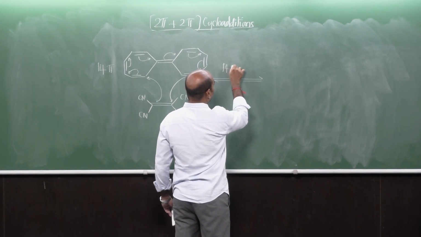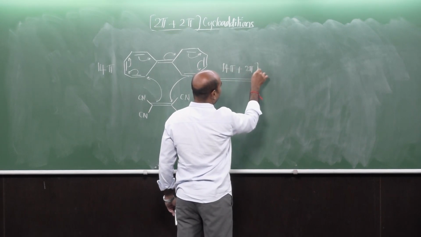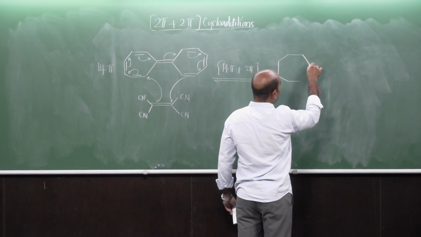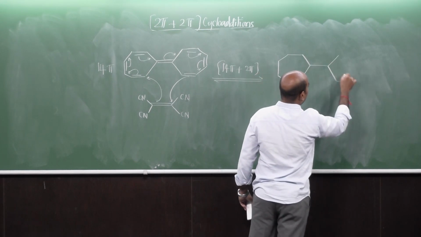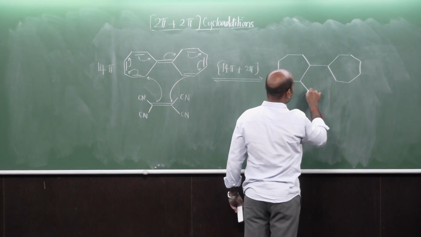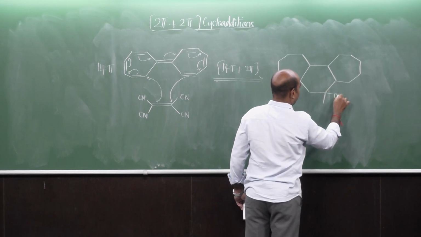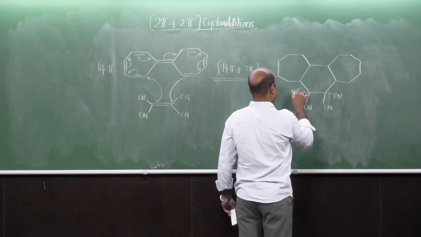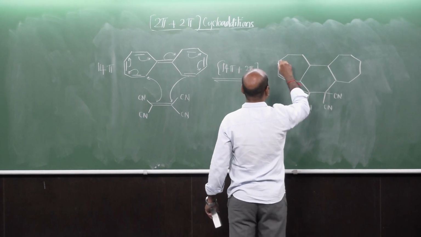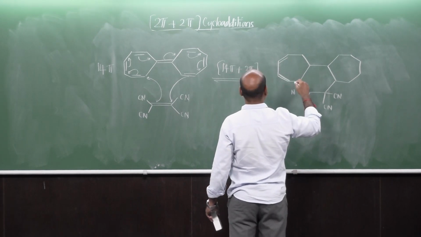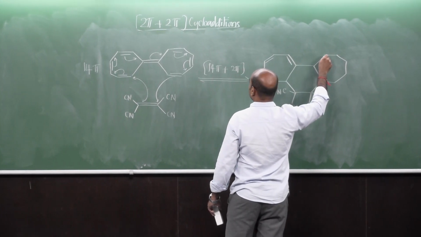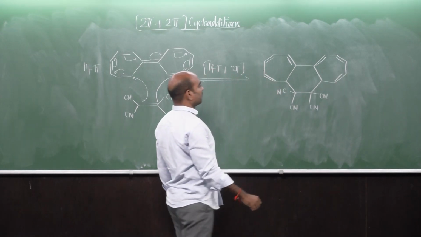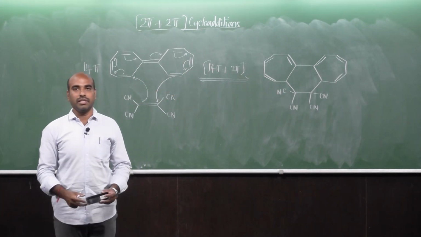This is a 14 pi plus 2 pi cycloaddition reaction. So, what happened to the double bonds? You will get to see this product.